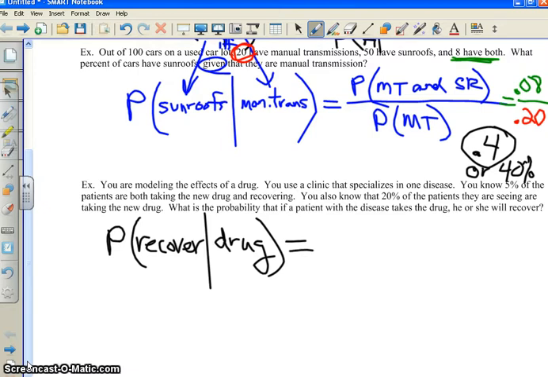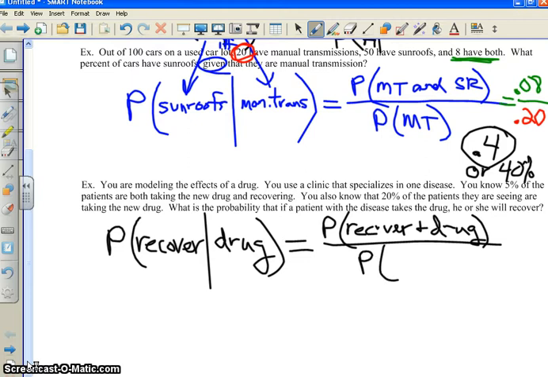So my B is going to be recover, my A is taking the drugs. So over here in words, this is going to be A and B, recover and drugging, divided by the probability of A, which is drug.